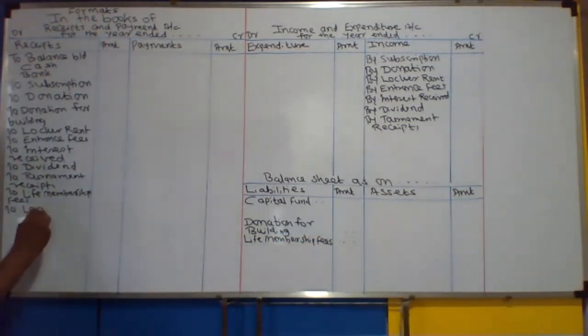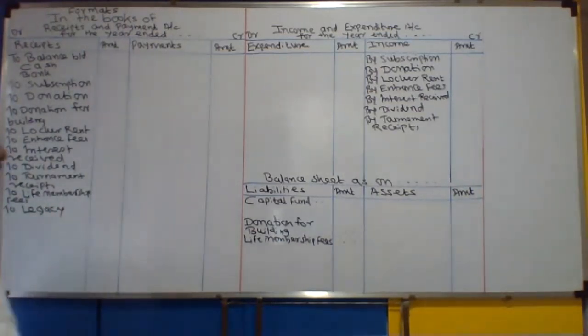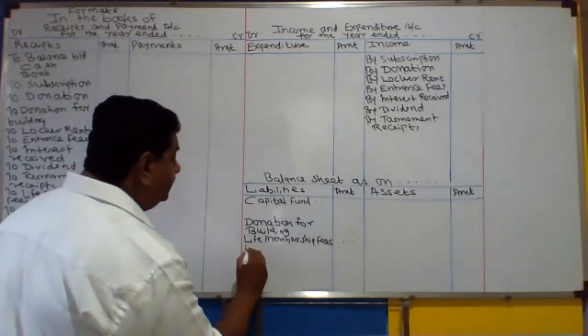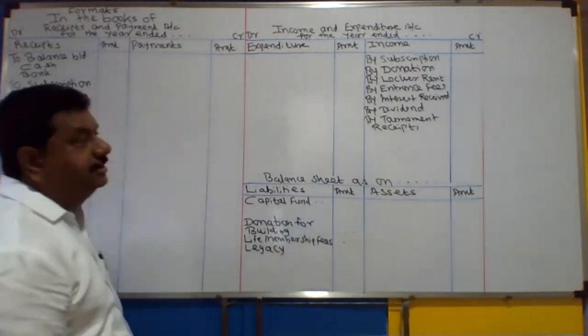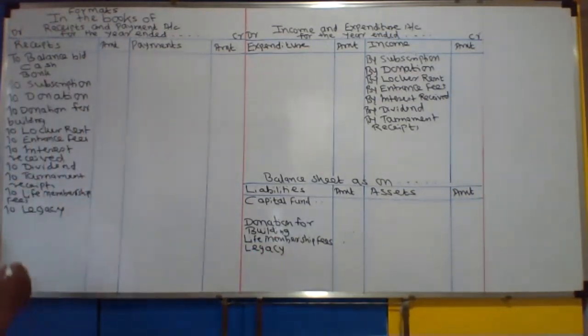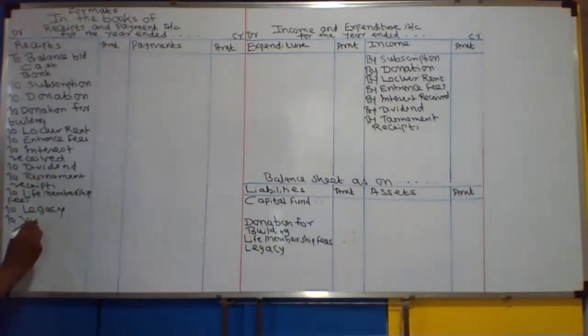Legacy. Legacy also the capital receipt to be recorded to balance sheet liability side. Then to visit fees.